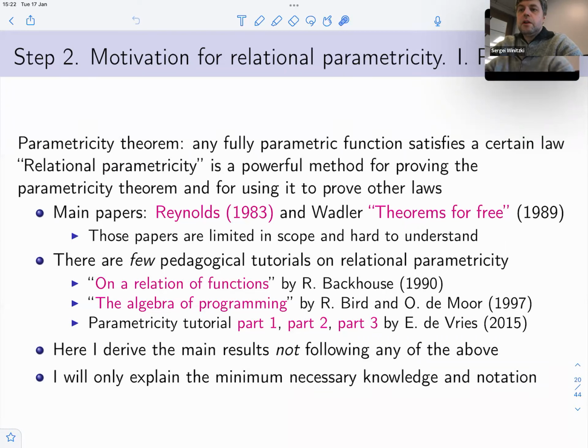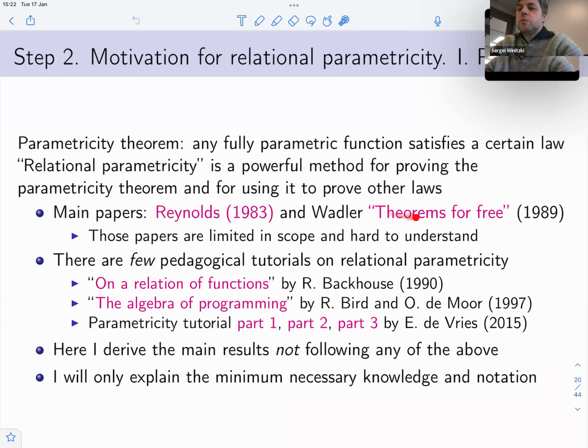Naturality laws are sometimes not strong enough to prove properties of fully parametric functions. The main references in this area are the papers by Reynolds and Wadler. The links here you will get if you download the slides.